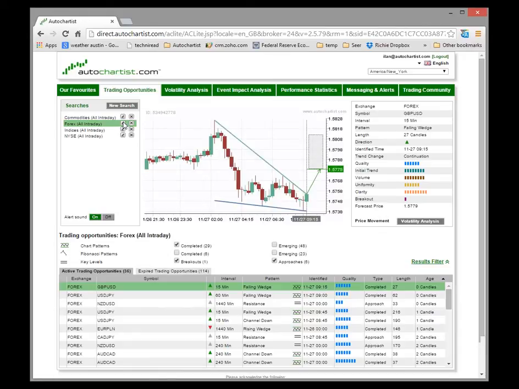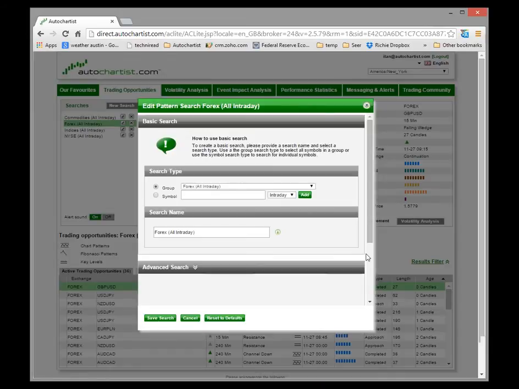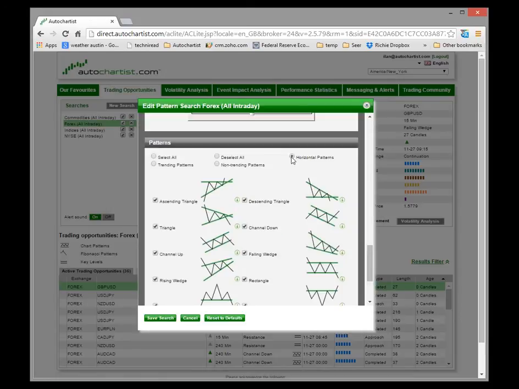Now, it is very, very important to understand this, and I'll tell you why. When evaluating Autochartist, we had a big challenge. The challenge was, how can we evaluate the effectiveness of Autochartist without limiting ourselves to some kind of trading strategy?